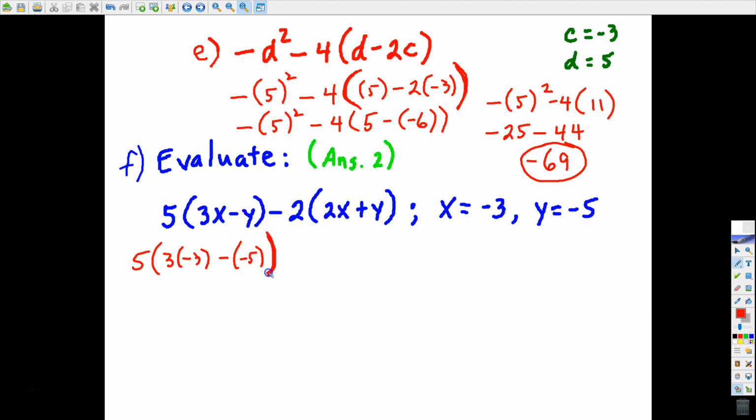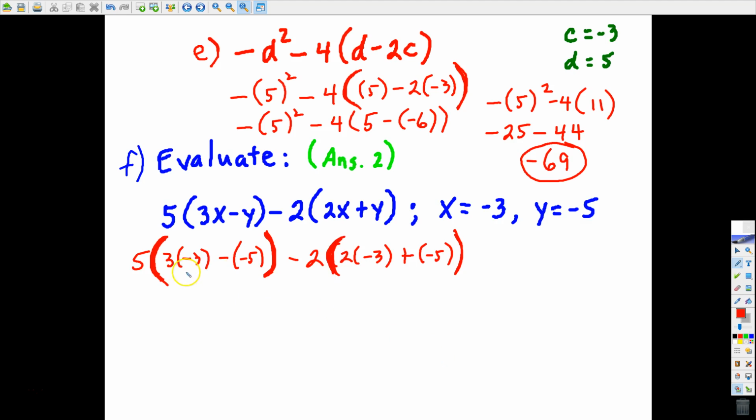Okay, and if you want to use brackets for the actual group, that would be okay, or you can just make a big set of parentheses. It's really for organization purposes, just to differentiate the outer set with what's going on inside the group. Okay, and then 2 times -3 plus -5, and then once again, I'll just make these bigger.